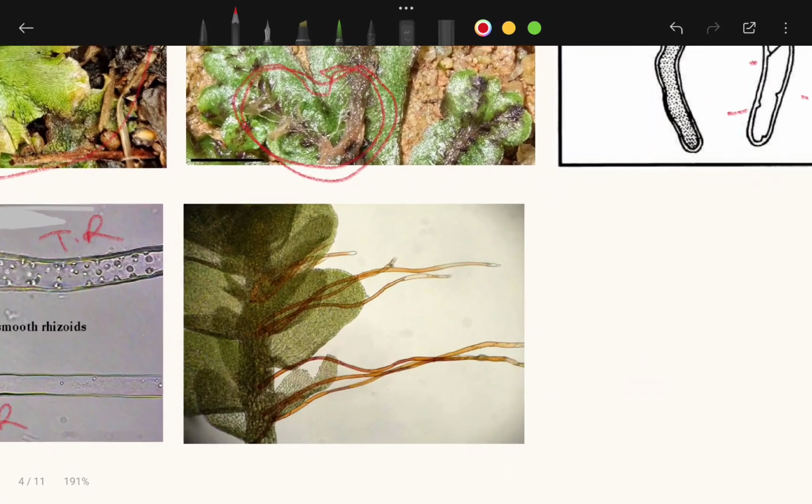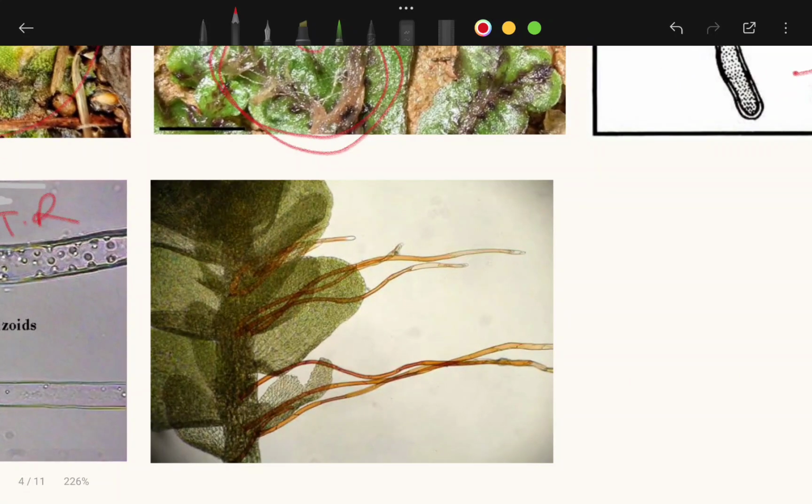You'll find that the rhizoids are multicellular, and along with that you'll also find cross-wall projections in the rhizoids. This is a very special characteristic of mosses.